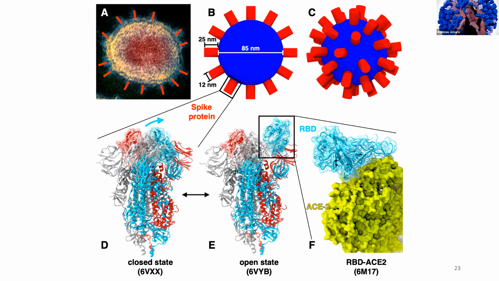It's a recognition or a handshake that happens between the spike protein's receptor binding domain, which, by the way, in order to make that handshake, has to stick out its hand. That's what it's doing in this so-called up conformation that I'm highlighting here. They have also resolved the structure in the down conformation, where the hand is inside, but it opens up and then can make the interaction that actually infects.